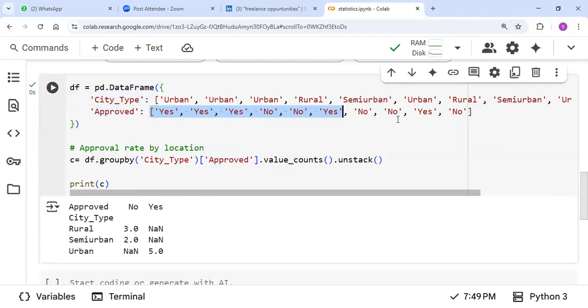You see who is getting approved based on the city type, based on this particular feature. How the data has been recorded, what type of factor is it impacting? From the examples we have discussed, can you make a guess?